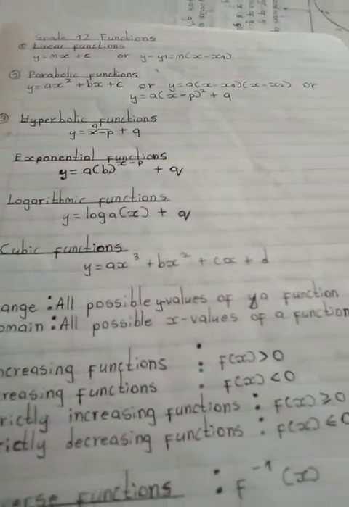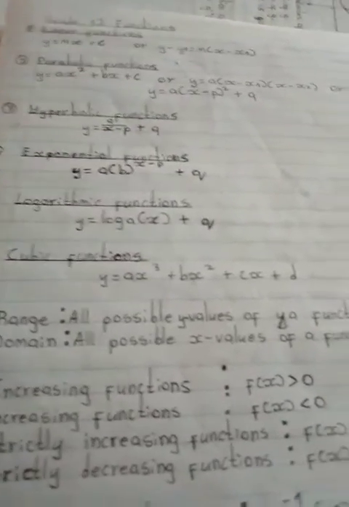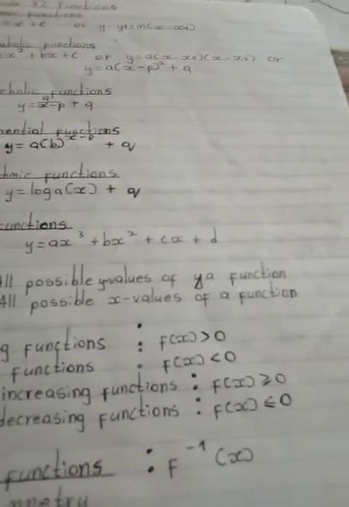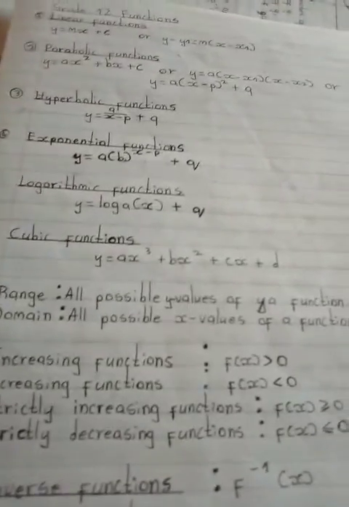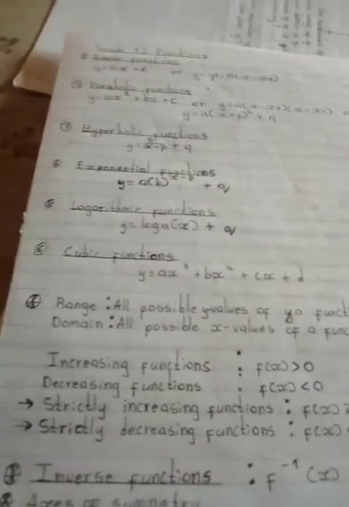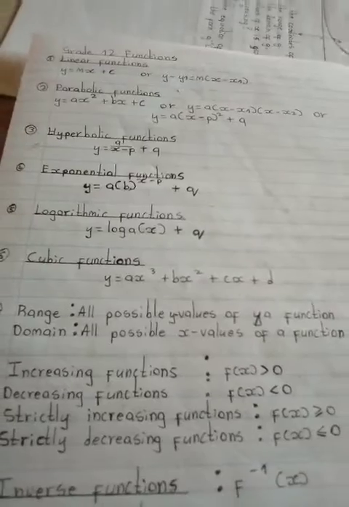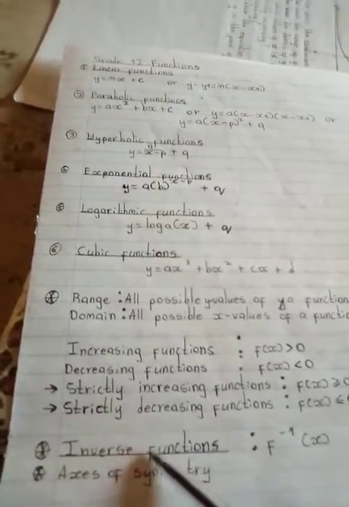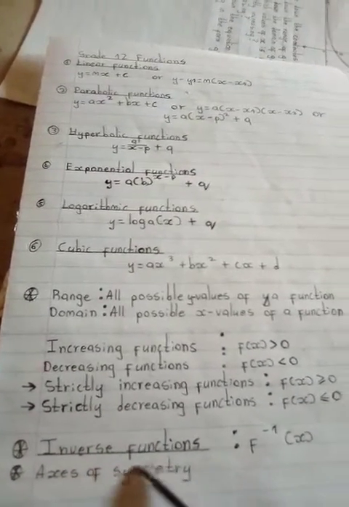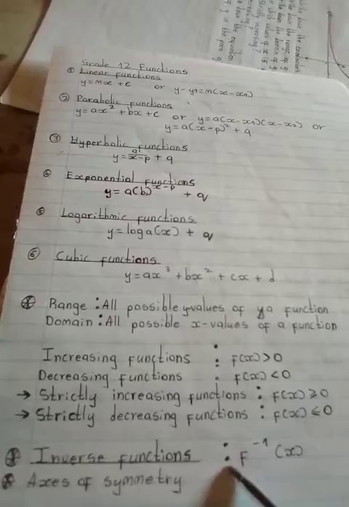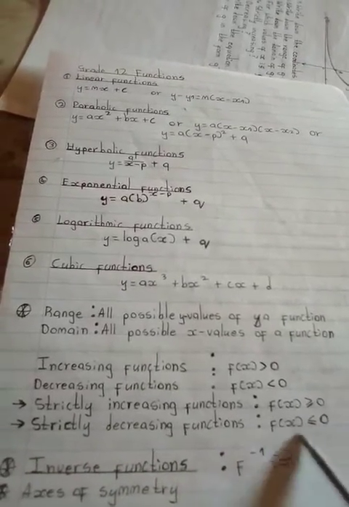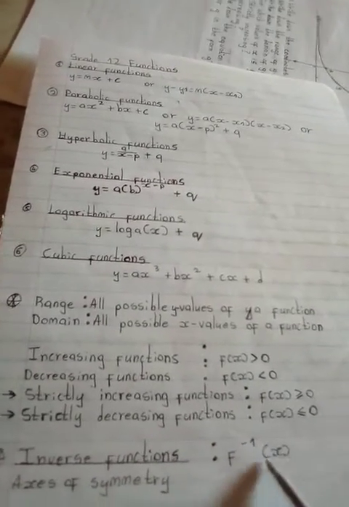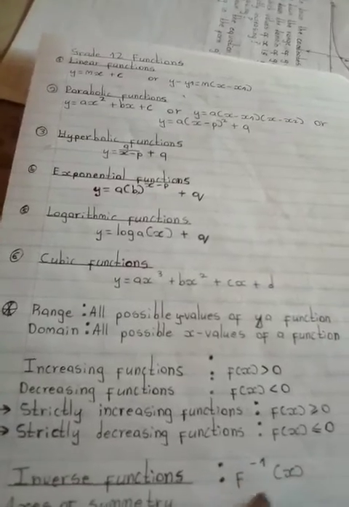They will say, for which values of x is f of x greater than or equal to 2, or for which values of x is f of x strictly increasing, or for which values of x is f of x decreasing, and so on and so on. We'll be looking also at the inverse functions here, given by this symbol here. This symbol does not mean that it's 1 over f of x.